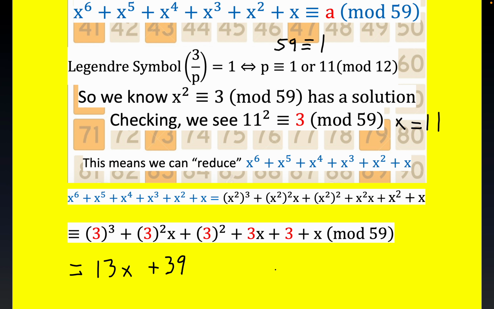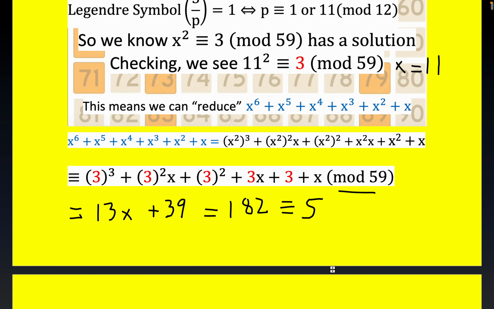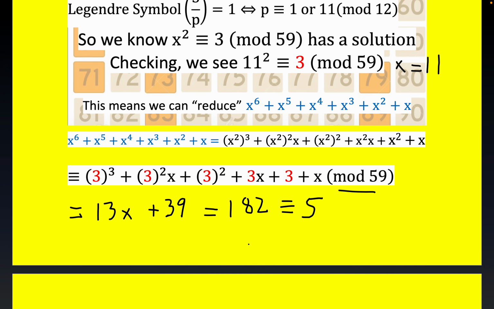But now, 13x, where x is 11, so this ends up being 182. And notice that this is congruent to 5, and again, it's modulo 59. How do you know that? Well, 59 is a divisor.